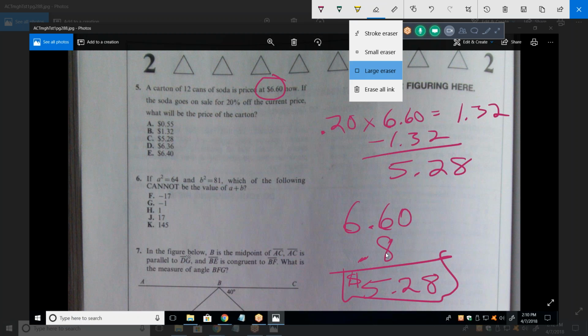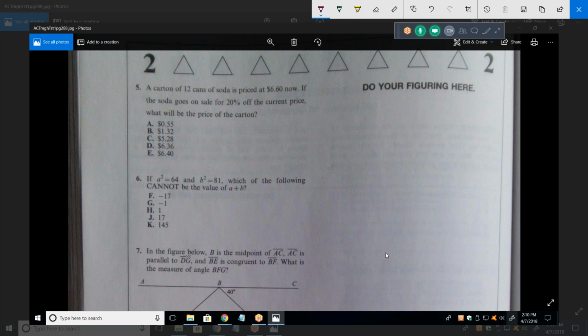In other words, there are a lot of problems like this. Let's say something goes up by 25%. If I say increase 6 by 25%, what are you going to do? Can you say that again?